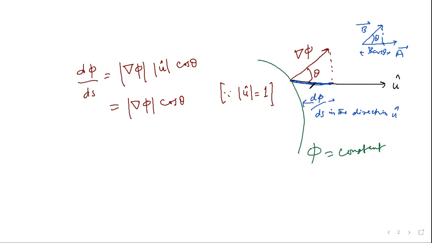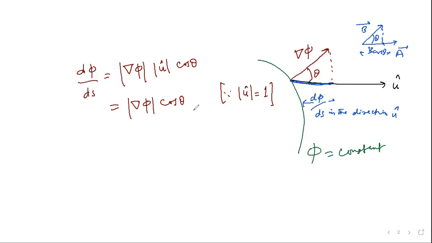So directional derivative in some direction is simply the projection of del phi, gradient of phi, or the component of gradient of phi in that direction, right?